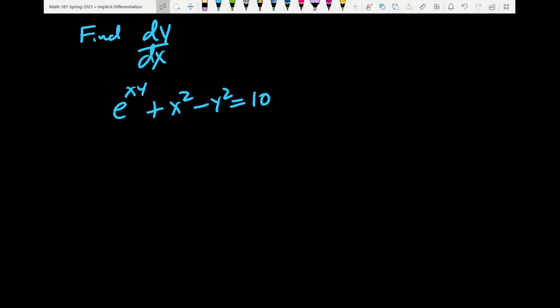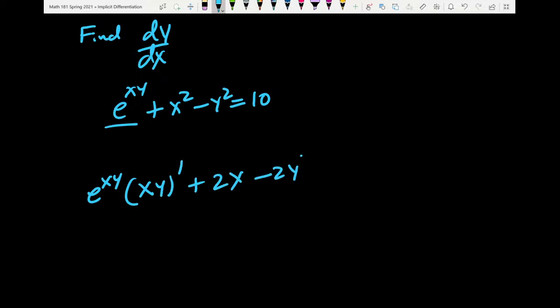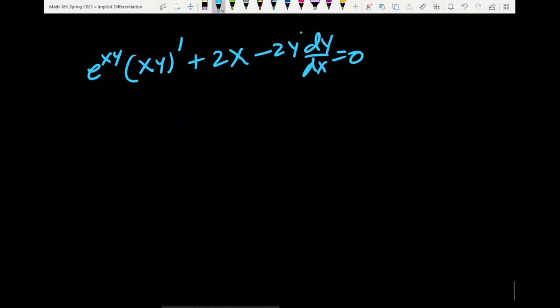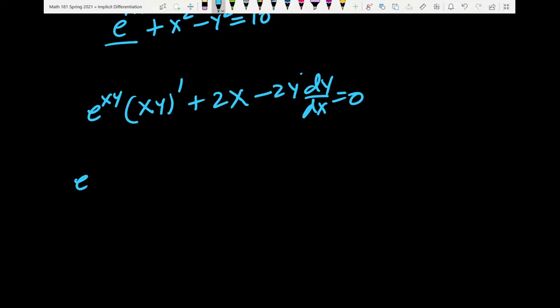Okay, so let's look at it. Product rule right over here. e to the xy, and then we do the derivative of that, plus 2x minus 2y dy/dx equals 0. Over here you get e to the xy times, the first one is y plus x dy/dx, plus 2x.